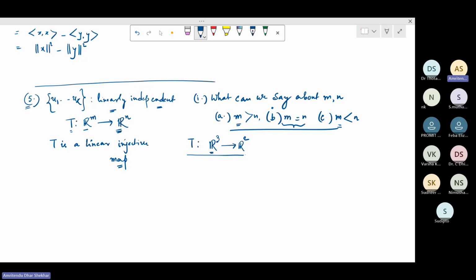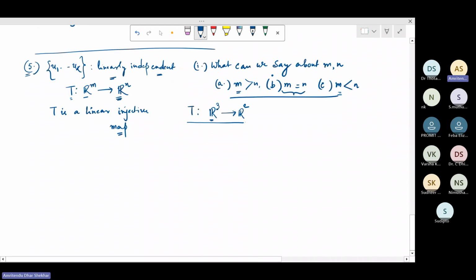The intuitive reason is as follows. Rm has a basis which has m independent vectors. So if you take some basis B, it will have m independent vectors in it. And Rn can have at most n linearly independent vectors.